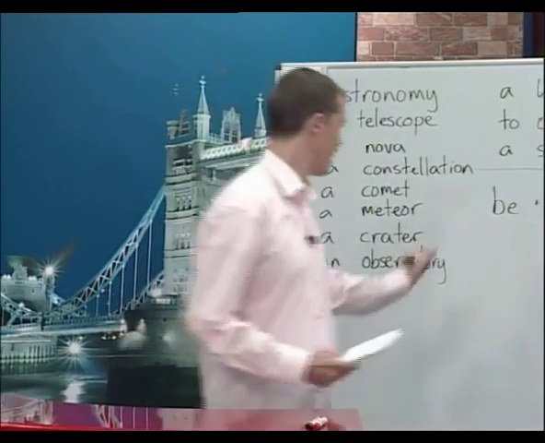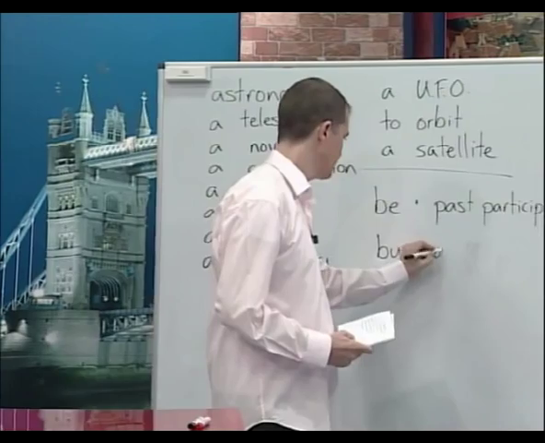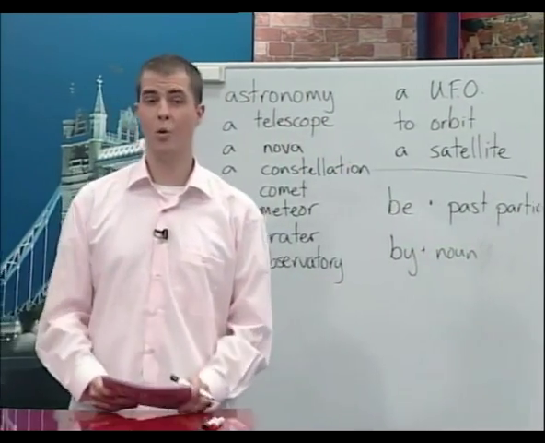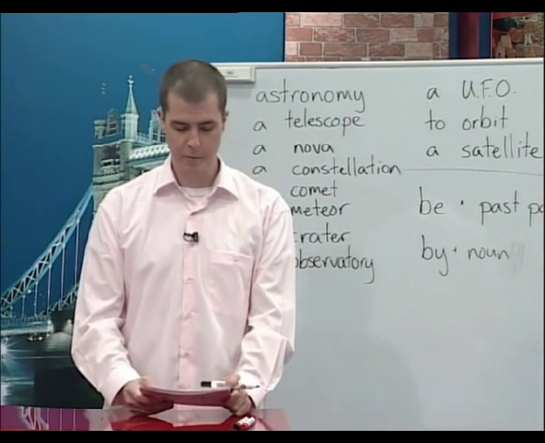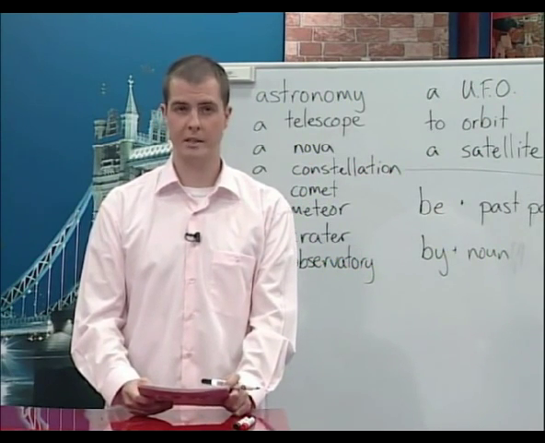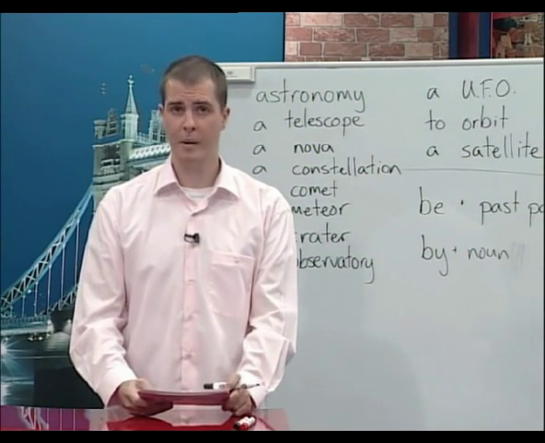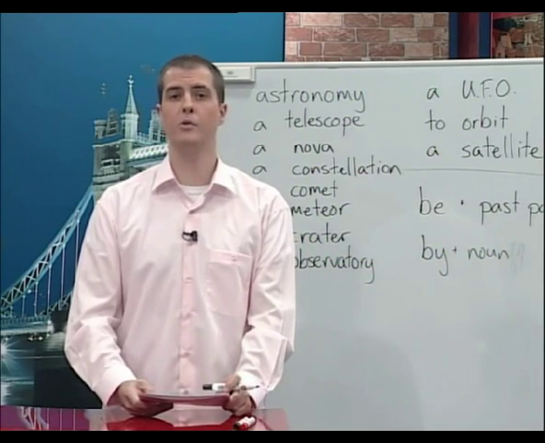By plus noun is sometimes used, but it's not always necessary. Now, we need to use a transitive verb for these passive sentences. A transitive verb is a verb that is followed by an object. Only transitive verbs can be used in the passive.